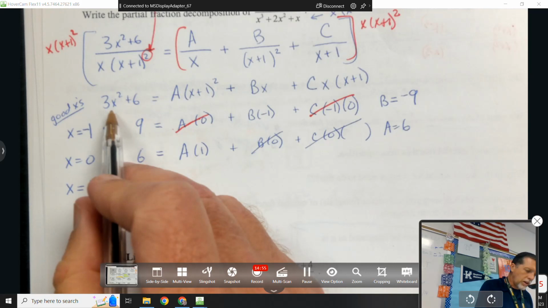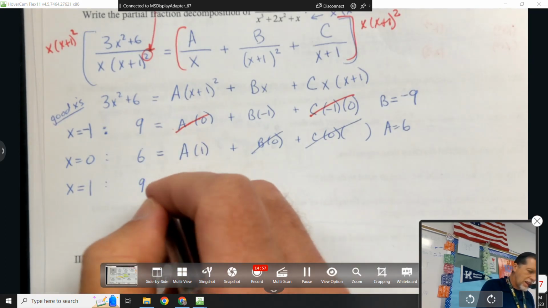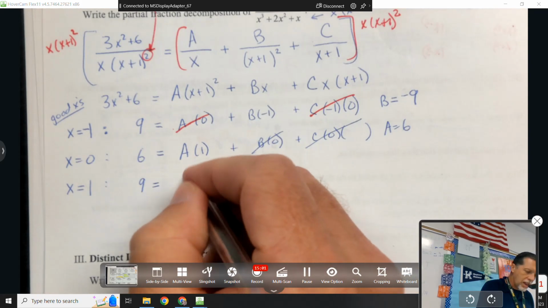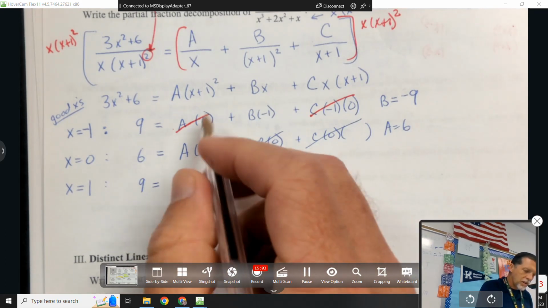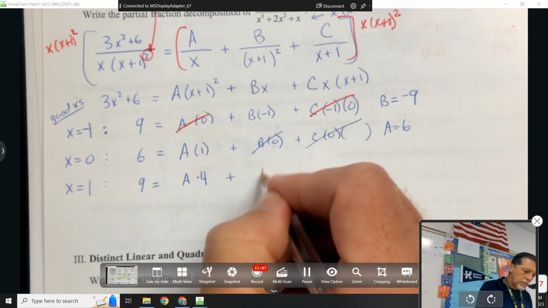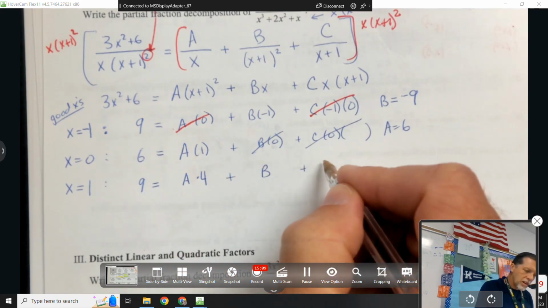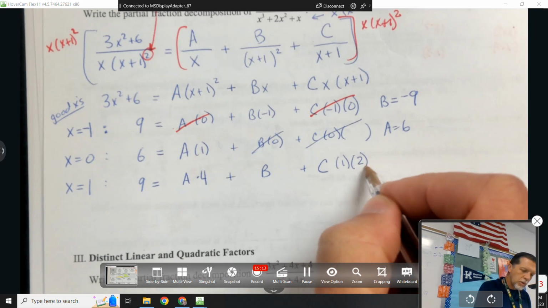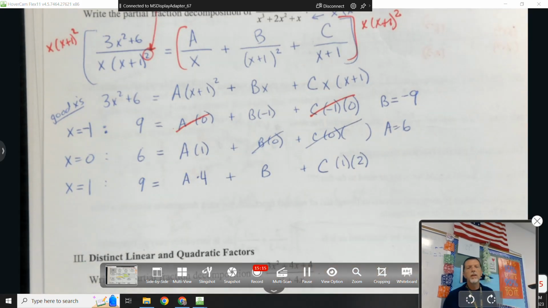So let's see, 3 plus 6 is 9. And then this gets a little bit tricky because nothing goes away. a times 1 plus 1 squared is 4, b times 1, plus c times 1 times 2. I'd like to know c.